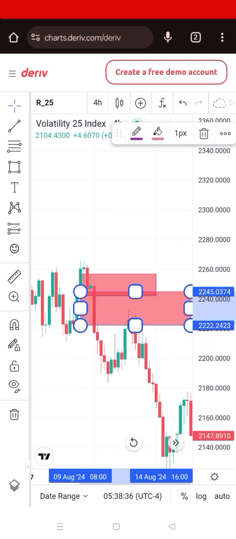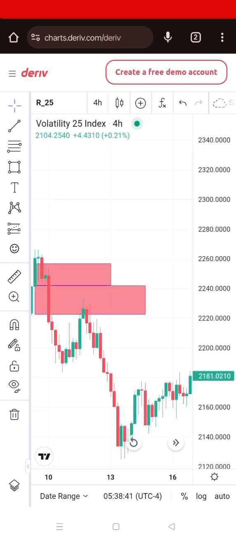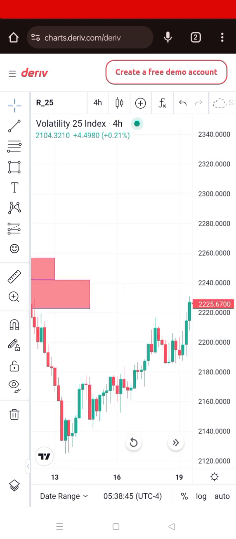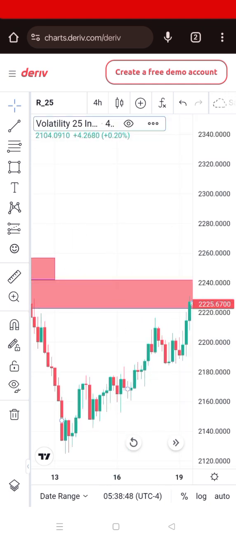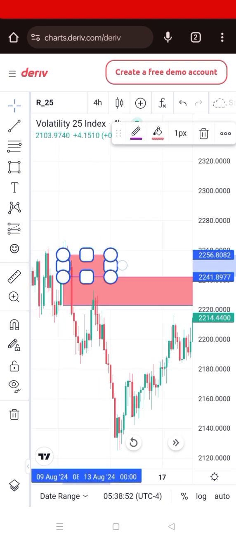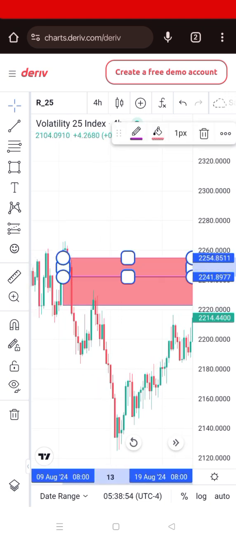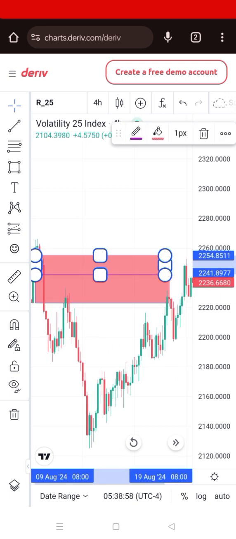You can see there is an inefficiency there, and then when the market came back, tapped that area, and you can see we will just move to this rectangle. You can see the market. Let me move. I hope the market will come back, touch that order block on the top there. So that's our aim now, because we have already changed the character to the downtrend.